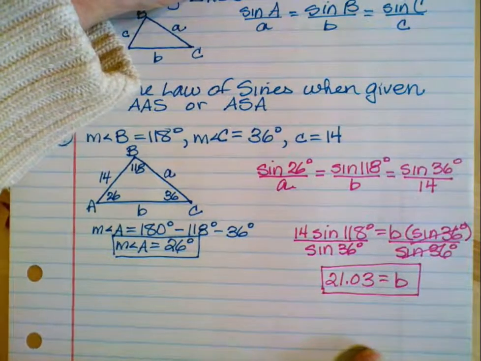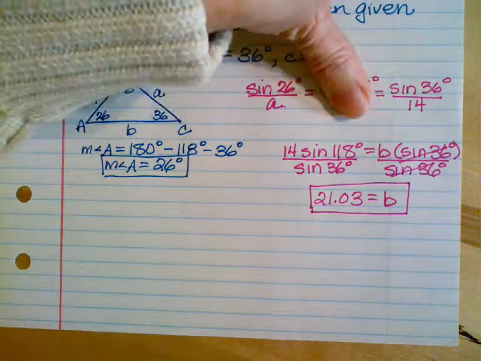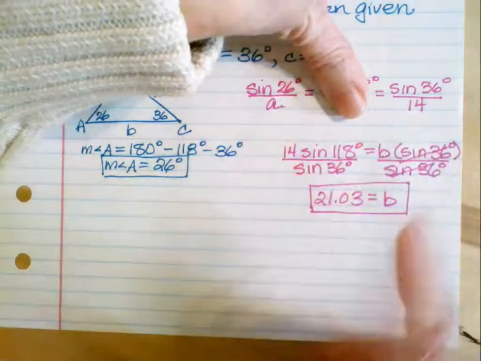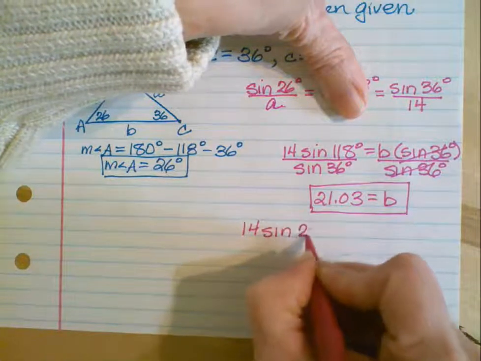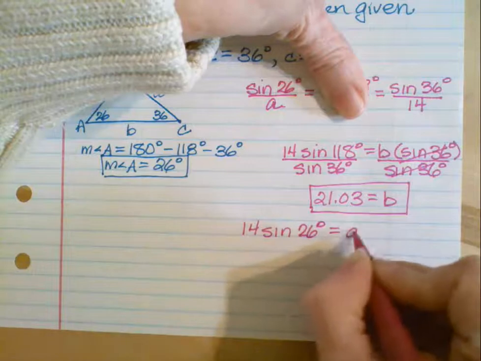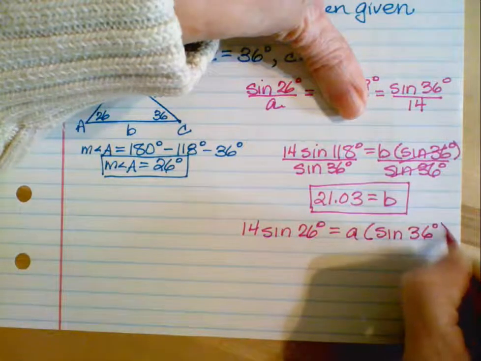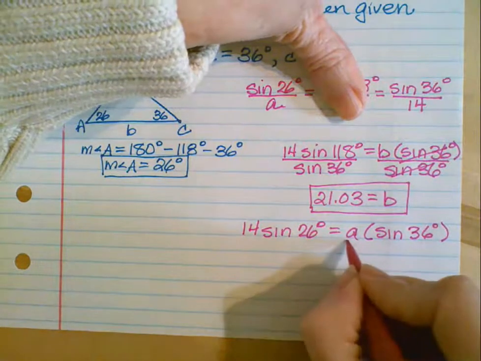Now to find the third, we need to find the length of side A. And as I mentioned before, we're going to do that by ignoring this middle ratio and using our cross products again. So here 14 times the sine of 26 degrees is equal to A times the sine of 36 degrees. There again, to get that side length by itself means to divide by that quantity.